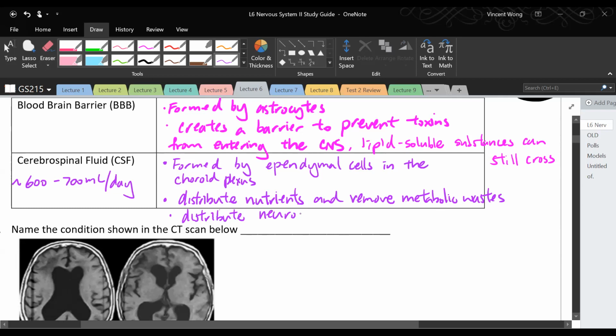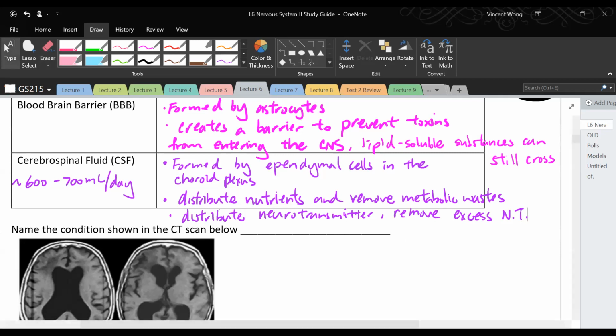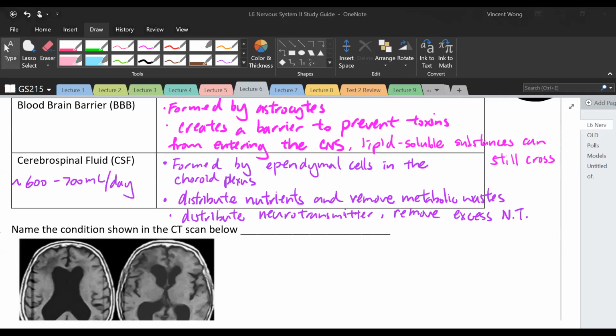We talked about neurotransmitters last time; they are key for communication. Not only does it distribute them, it can also help remove excess neurotransmitter as well. So, very important.